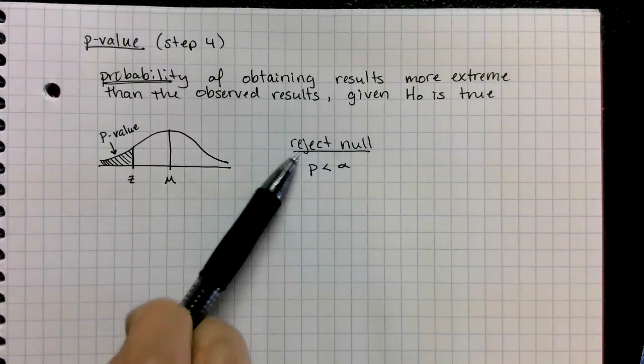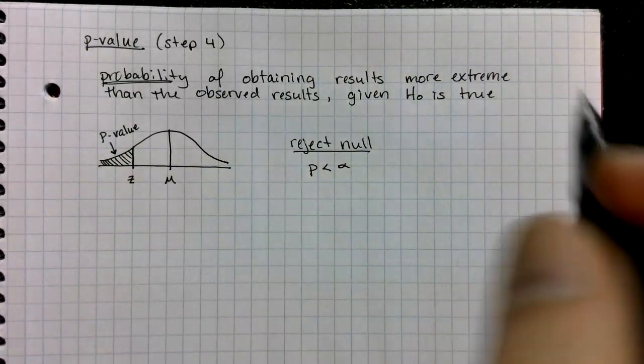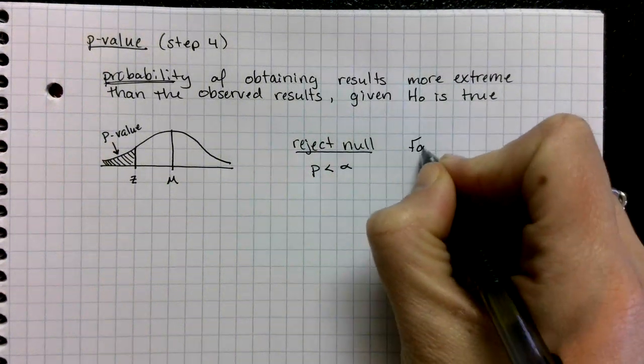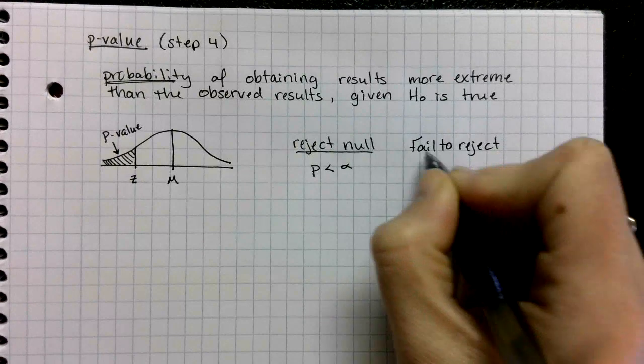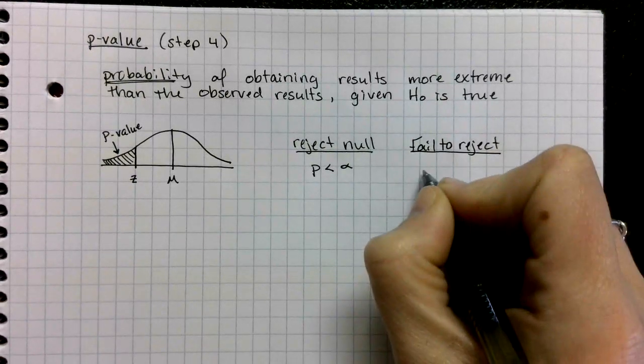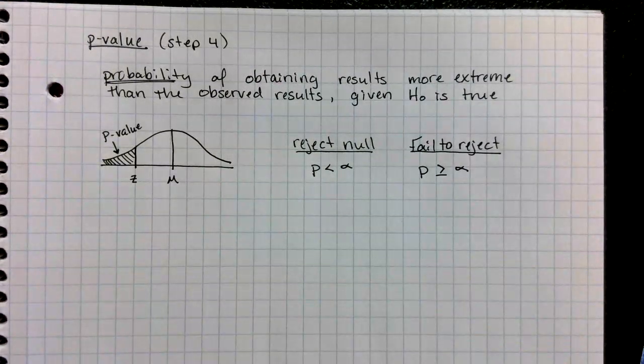And usually what that means is maybe 30 wasn't the actual average after all. So we get to reject the null. Our other option is fail to reject. With this, if p is greater than or equal to alpha, we fail to reject.